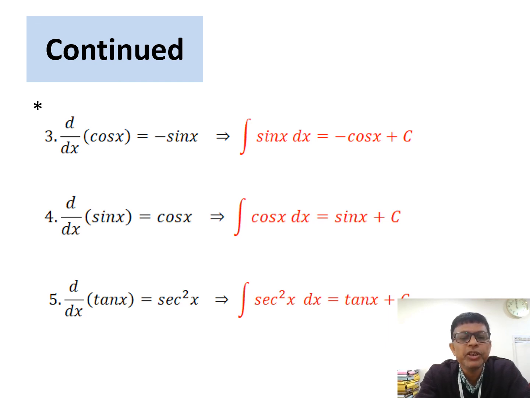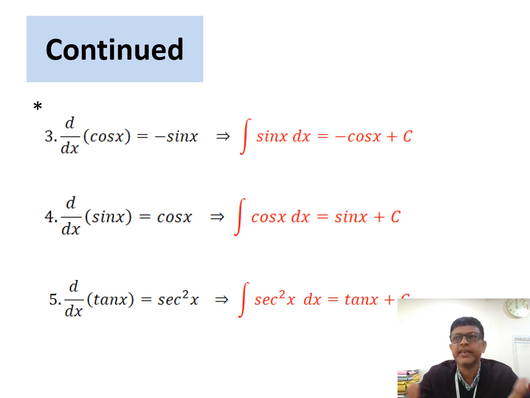Then already we know the derivative of tan x is equal to sec square x. So the integration of sec square x is equal to tan x plus c. That is the inverse process of differentiation. If we take the integration of sec square x, that is tan x plus c. This is one of the integration formulas. Here some questions may also arise.